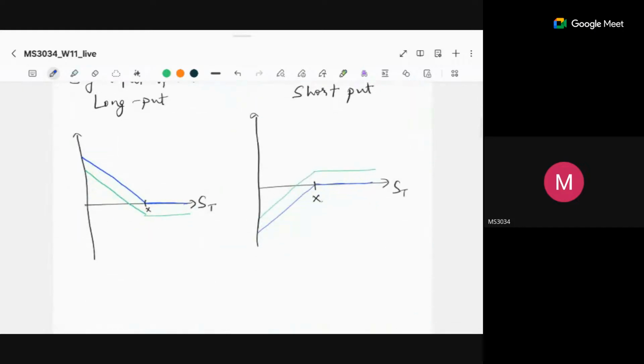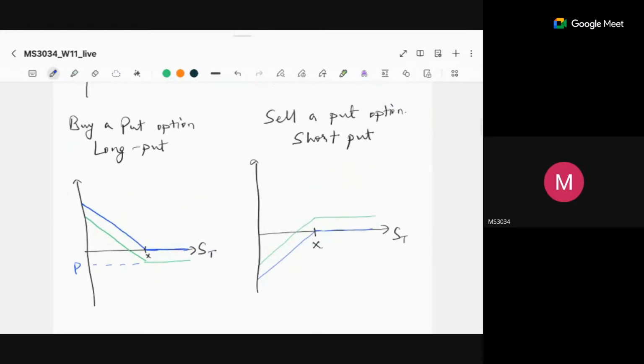So in this region it is 0, and earlier it is X minus ST. So it is a negative 1 slope line prior to this. And here also, if you want the profit, then you will subtract the price. So this PP is the put option price. And similarly, you can do this payoff diagram for the short put position also, when you sell.